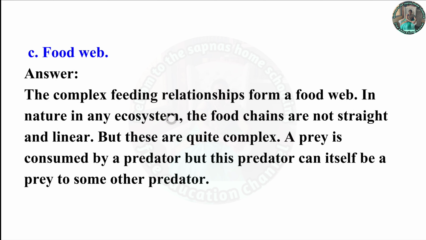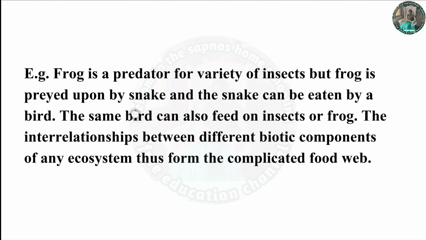Food web. The complex feeding relationships form a food web. In nature, in any ecosystem, the food chains are not straight and linear, but quite complex. A prey is consumed by a predator, but this predator can itself be prey to some other predator. Frog is an example.